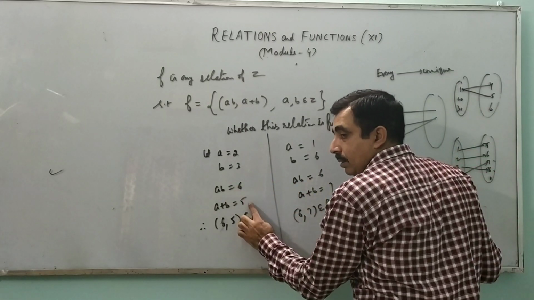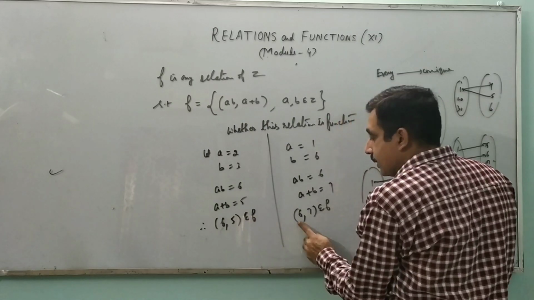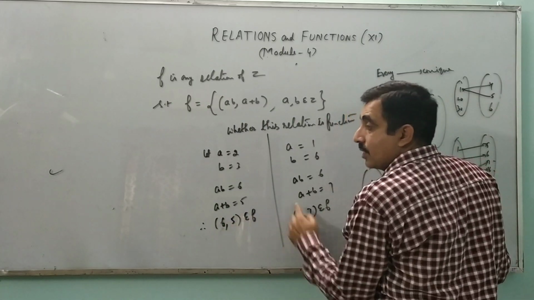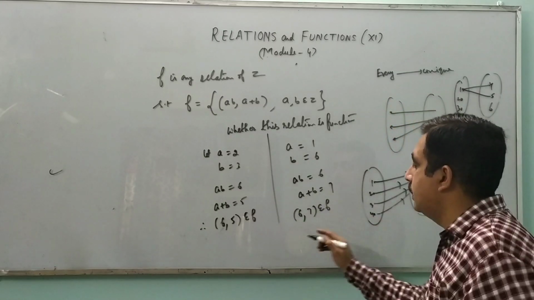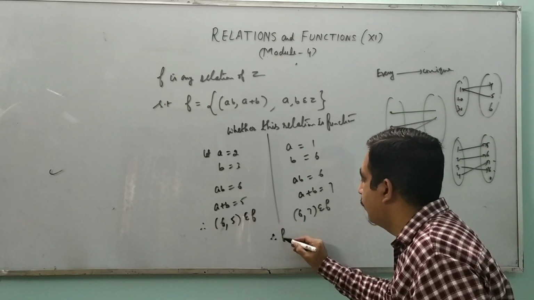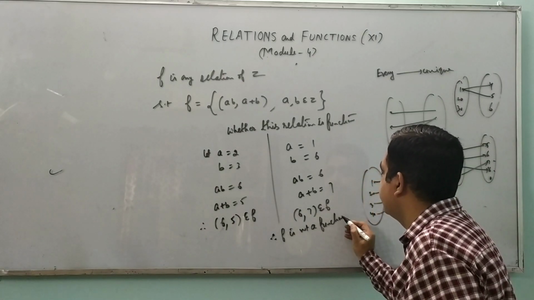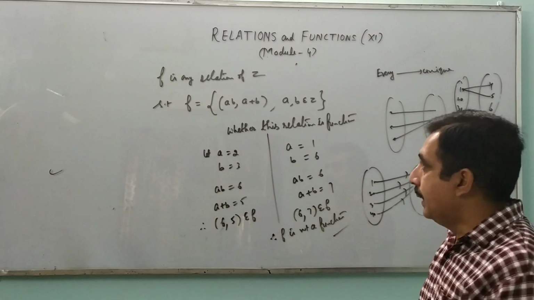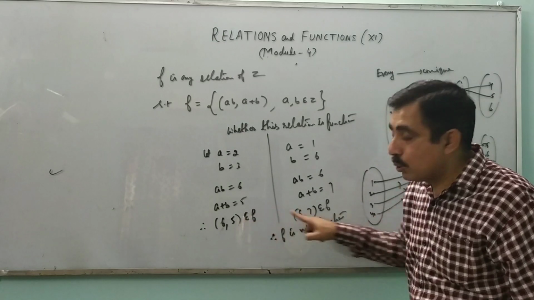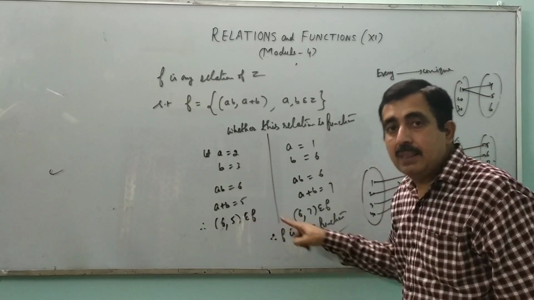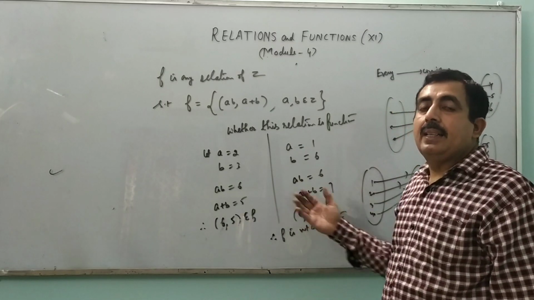Here (6, 5), here (6, 7). 6 is related with 5 and 6 is related with 7. 6 has two images, and therefore F is not a function. It is a relation, but it is not a function, because one number has two images. If any one number has two images, it is not a function.